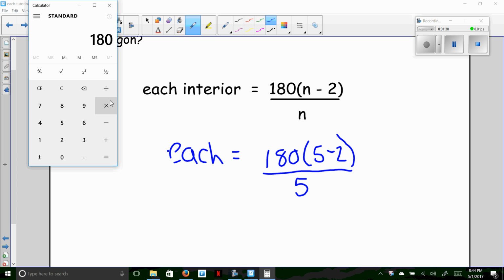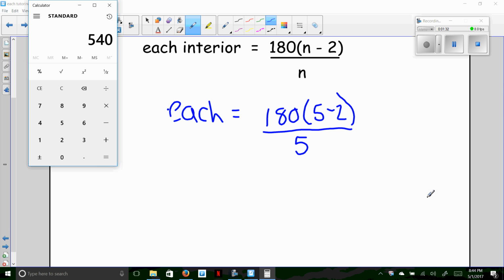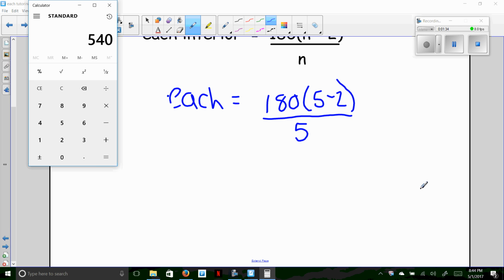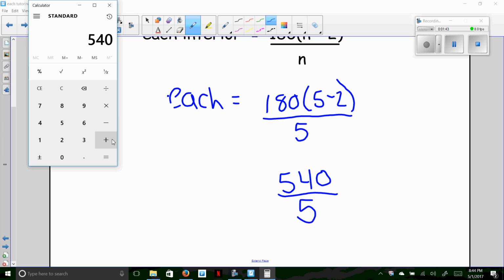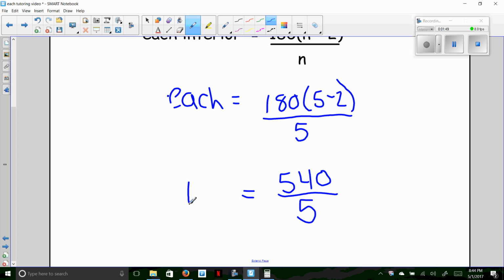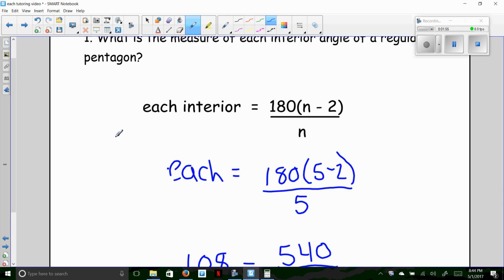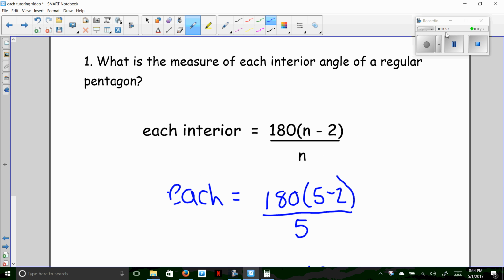So I get 540 divided by 5. I'm going to divide this by 5, and now each equals 108. Okay, so there's that type of equation. Most of these equations are going to be worded just like this. So let's move on to number 2.